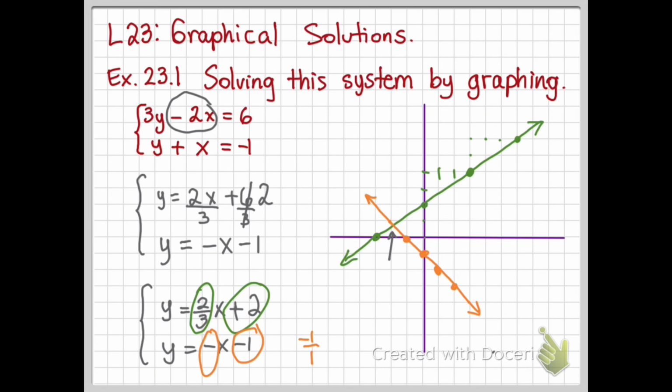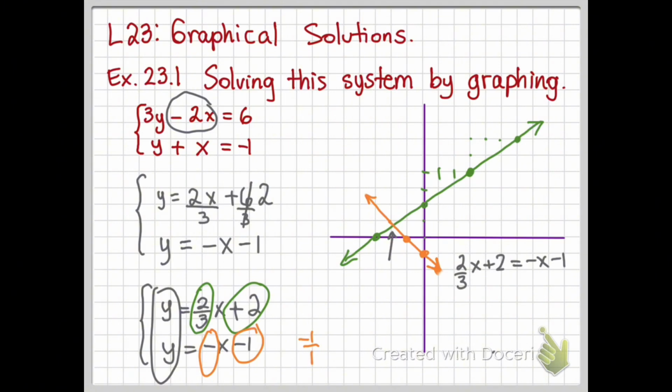So I'm going to erase some of these to have some space down here to work with. Using those two lines, I know that these two y's are the same, so I can say that 2/3 of x plus 2 equals -x minus 1. That would be substitution.